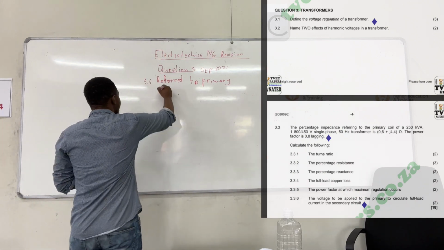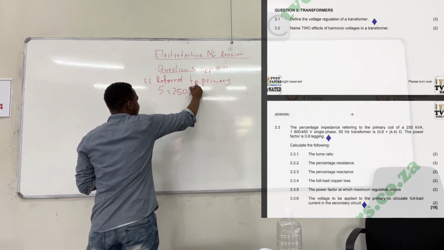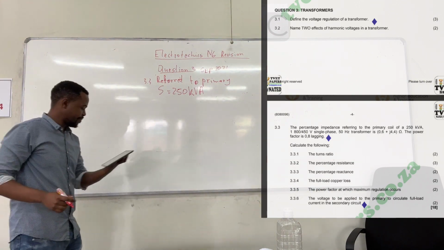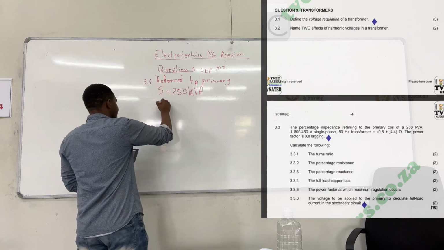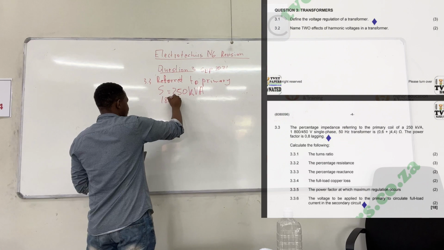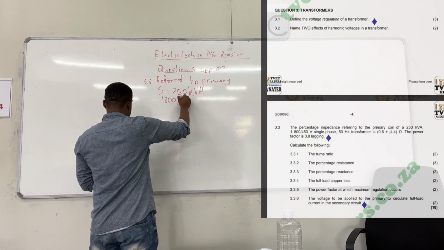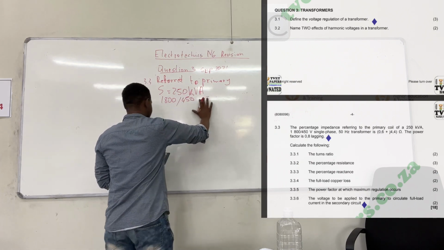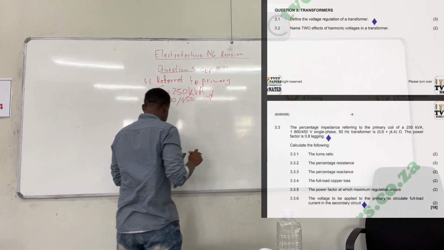So S is 250 kVA, which is the rating of the transformer. Then we are given 1800, sorry, 450. It's a single phase transformer.